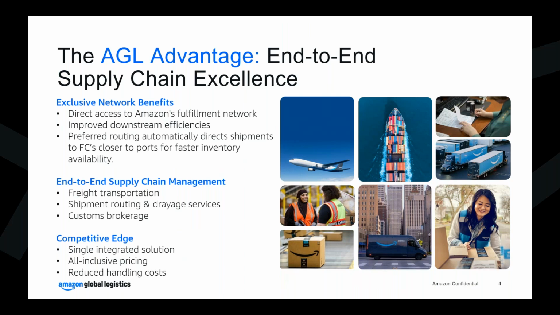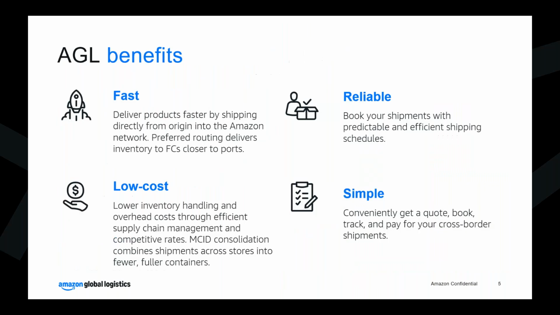And I think the competitive edge here is really the single integrated solution in Seller Central, the all-inclusive pricing that you have with AGL, and also the reduced handling costs. Summing this up is basically speed, reliability, low cost, and simplicity. To put this in context, with AGL you're faster because you do not have the stops in your supply chain.